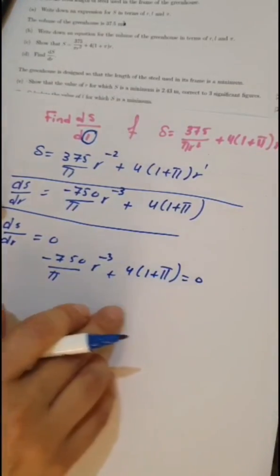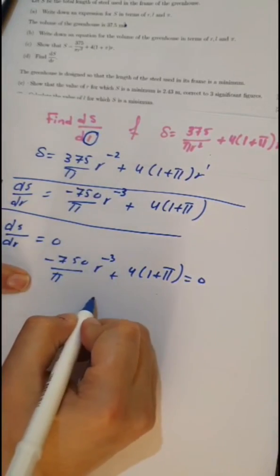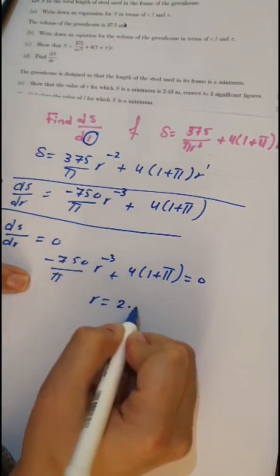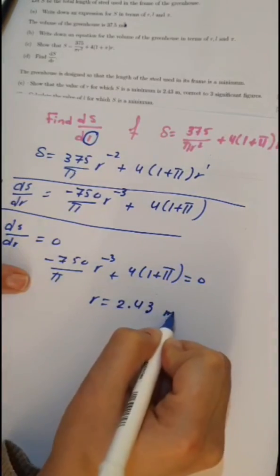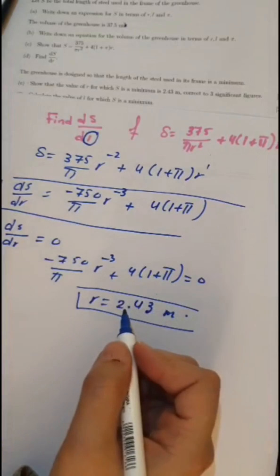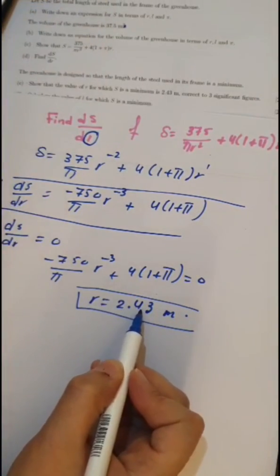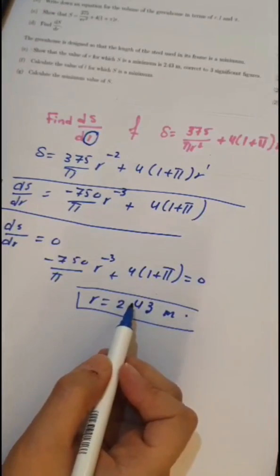And if I solve all of this in terms of r, I'm gonna get at the end r equal to 2.43 meter. I'm done with this part. So I'm gonna get now the minimum of the steel when r is equal to 2.43. Okay, I'm gonna go for the next part.